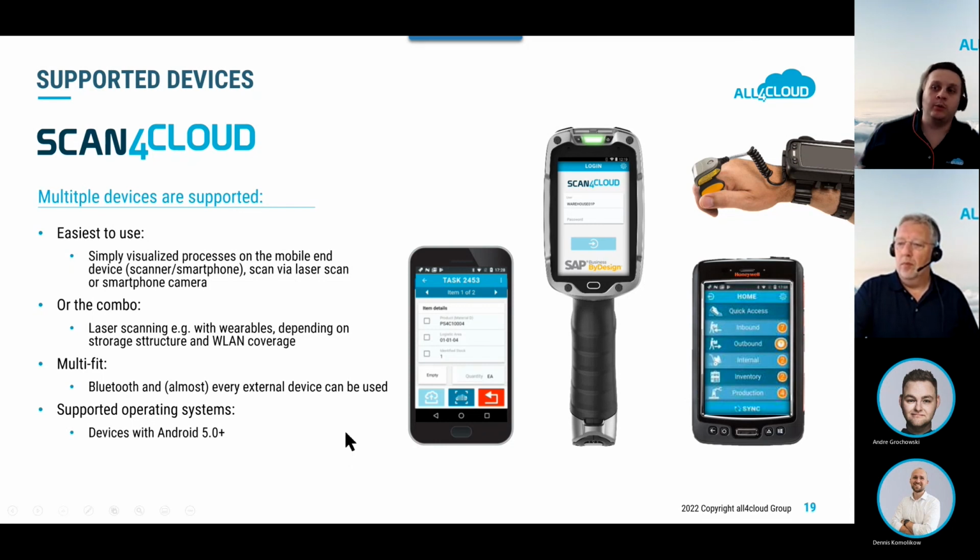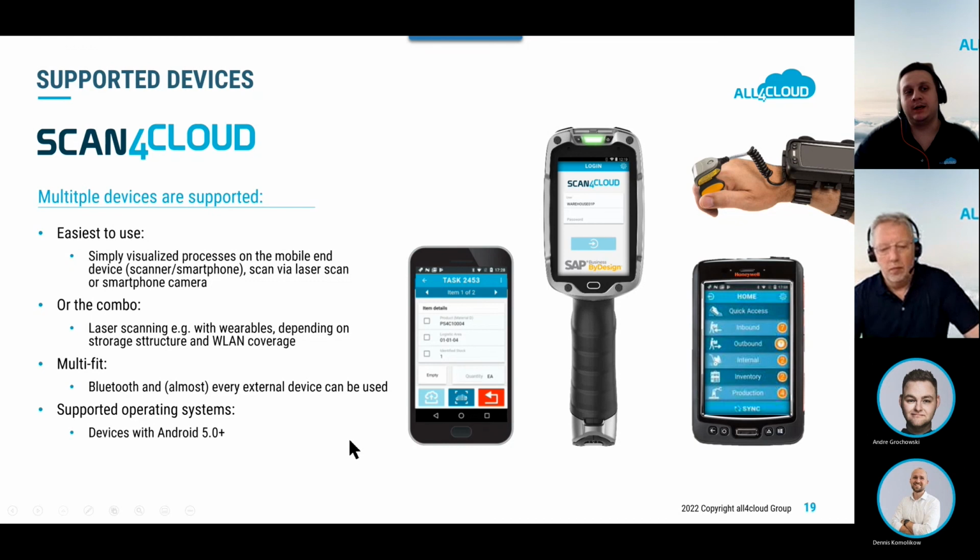This is just our way to give you the possibility to control which user should be able to work on which task. It's kind of a user access management, which actually is the standard functionality of Business ByDesign. Besides that, you don't need to configure anything. So if it works in ByDesign, it works in scan4cloud.